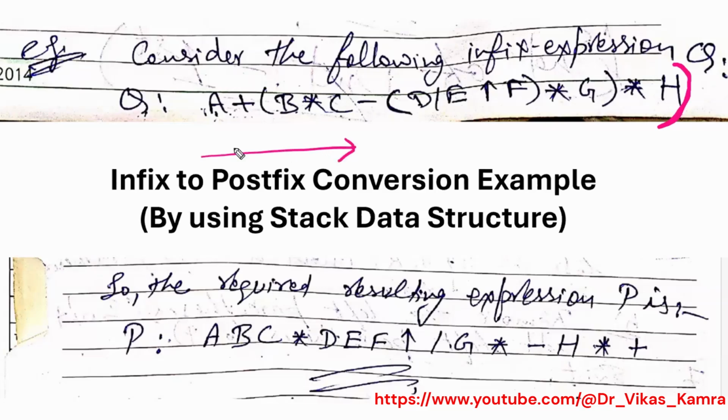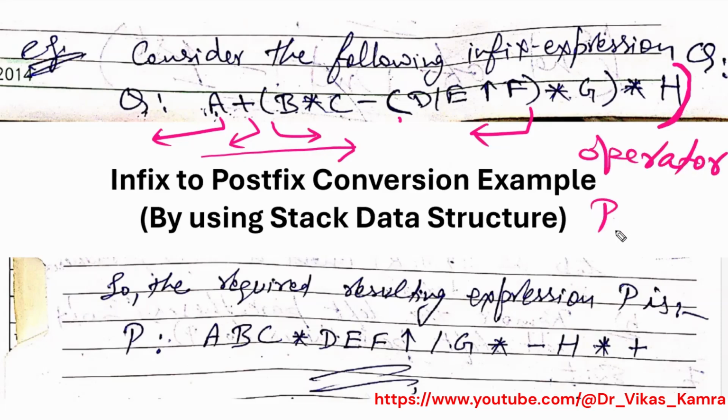There are 4 cases. Maybe an operand will come, maybe an operator will come, maybe a left bracket will come, or maybe a right bracket will come. If an operator is coming, then you need to check the priority of the operator which is already on the stack against the incoming operator.